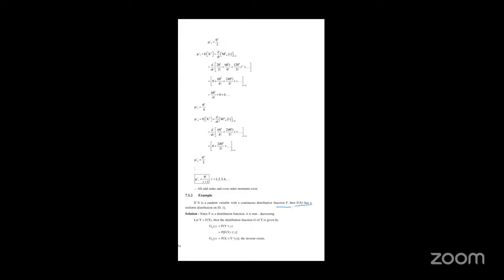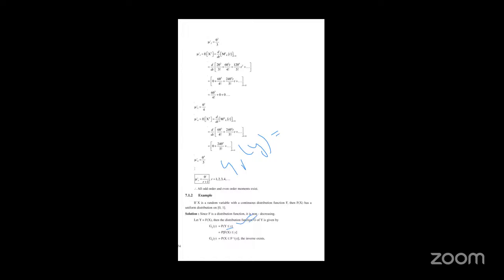If x is a random variable with a continuous distribution function F of x, then F of x is a uniform distribution on 0, 1, and we need to prove it. So how do we prove it? F is a distribution function, non-decreasing, and we assume y is equal to F of x. Then what happens? G of y is equal to the probability that Y is less than or equal to y.